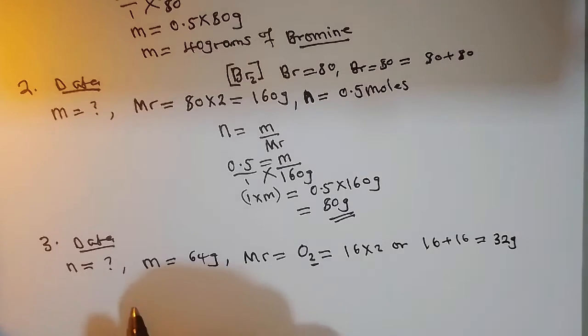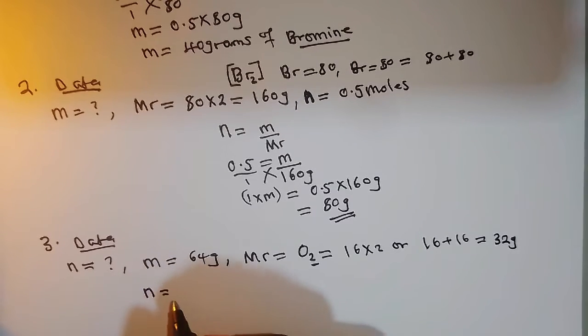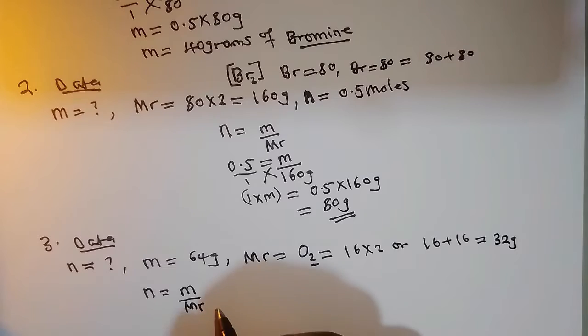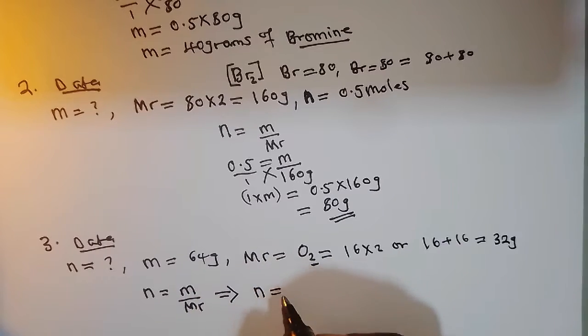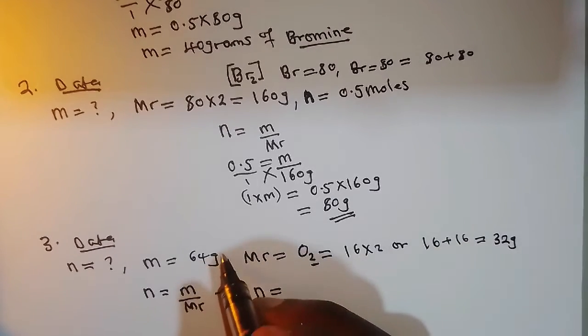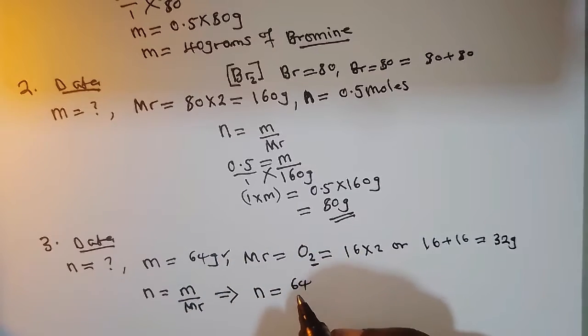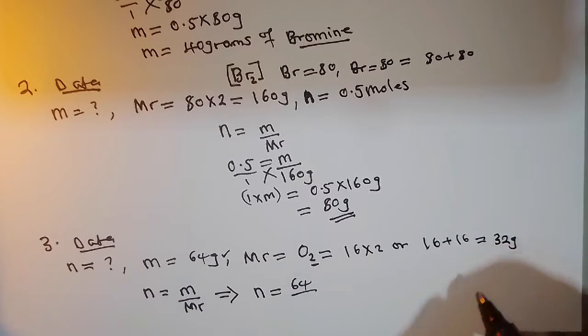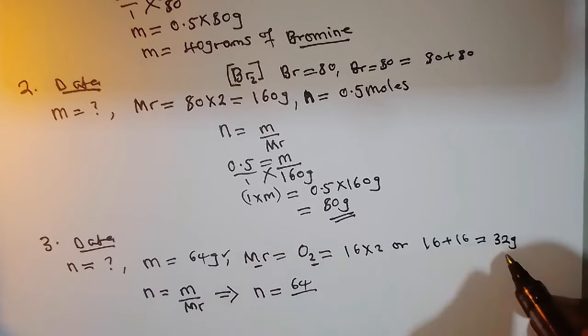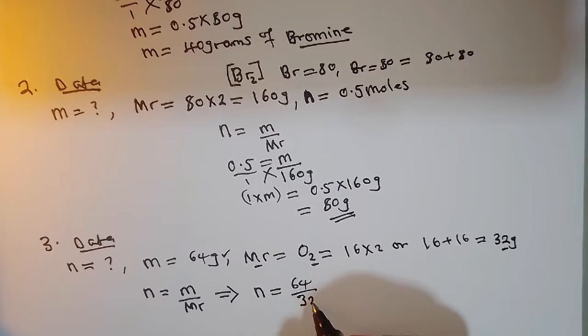From there, we say the number of moles is equal to the mass over the molar mass. The number of moles is what you're looking for. The mass is 64, so 64 divided by 32, since the molar mass is 32 grams per mole.